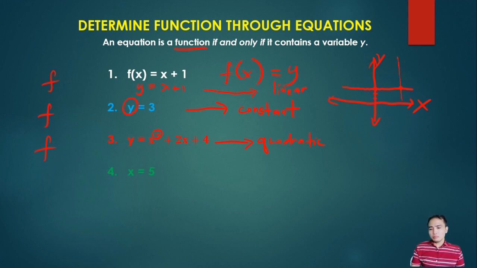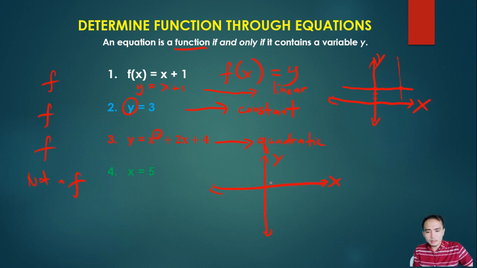How about that? Number 4, x is equal to 5. So, definitely, this is not a function. Because we don't have the variable y. So, ganito naman yung graph niyan, class. Okay. X and y axis. So, ibig sabihin, yung y natin dito is 0.